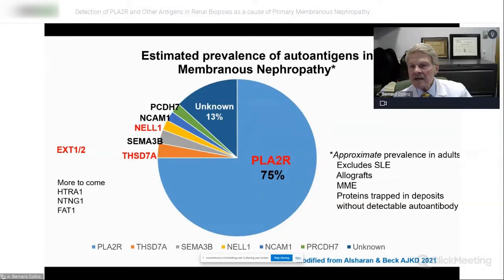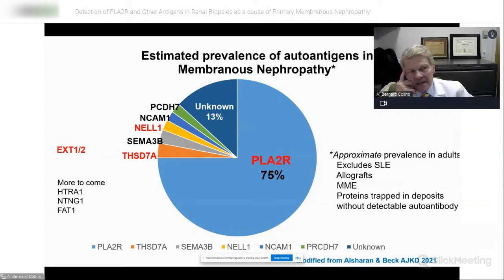So that was our dilemma. We have a number of patients that have membranous that are negative for PLA2R and negative for THSD7A. And so the question is, in what direction do we go?